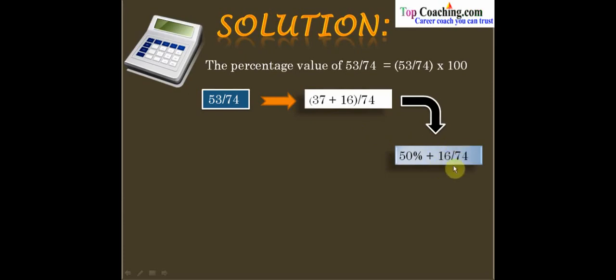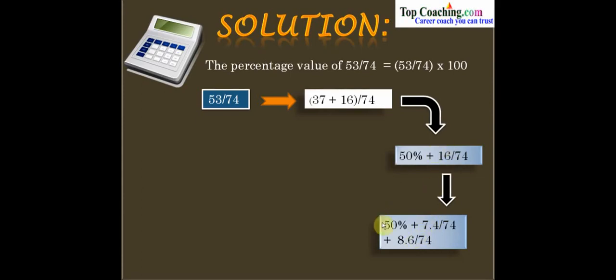Now we have to find the value of 16 by 74 in terms of percentage. 16 by 74 could further be written as 7.4 plus 8.6. So that would be 50% plus 7.4 divided by 74 plus 8.6 divided by 74. Now clearly 7.4 by 74 is equal to 1 by 10, which is equal to 10%.